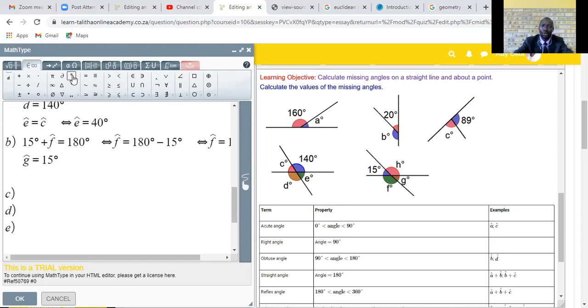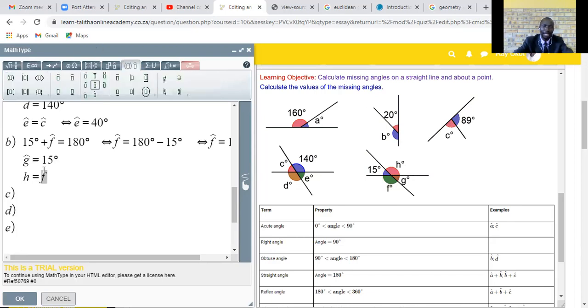Now, the next thing we want to look at after angle G is angle H. Well, what relationship is going to make it easy for us to find the value of angle H? The relationship is that angle H and angle F are vertically opposite. And because of that, they are also equal to each other. In other words, they are vertically opposite.